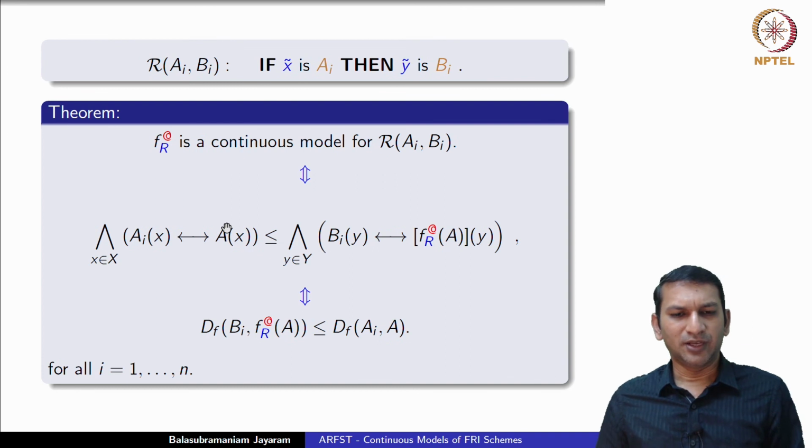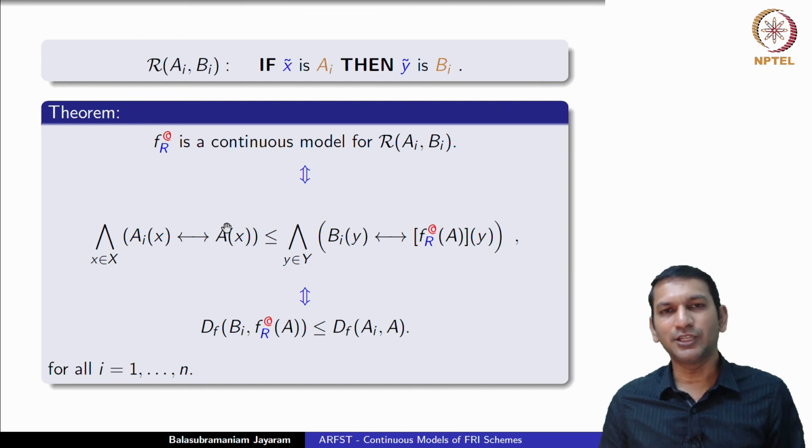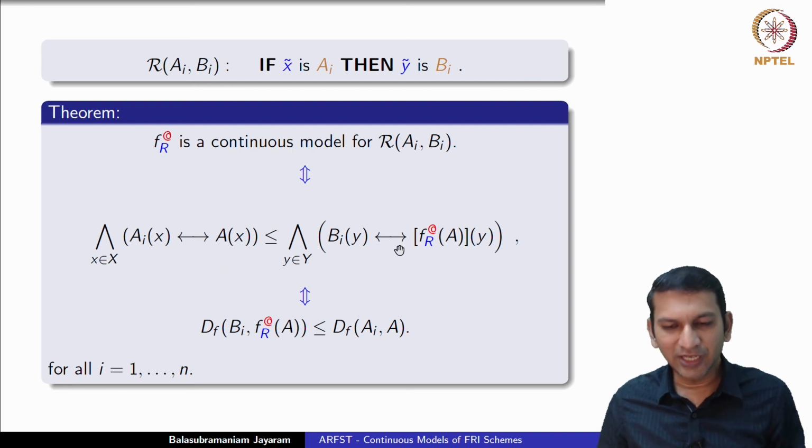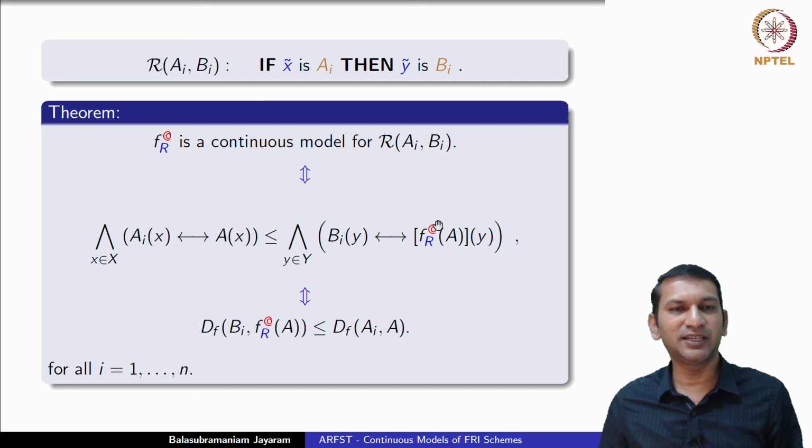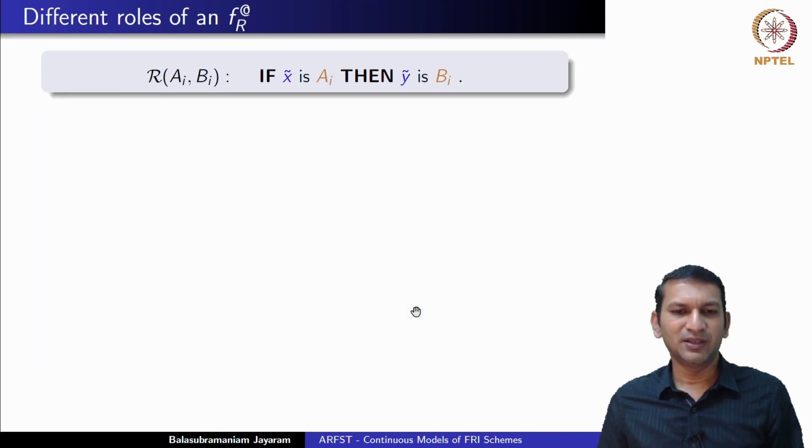Well, now this was an arbitrary fuzzy inference mechanism, but we could also consider the adjoint function of an FRI. So that means we can say FRI adjoint is a continuous model for a given rule base if this inequality is valid with FRI adjoint in the place of psi tilde, and that's because of this. So now what we have are these.